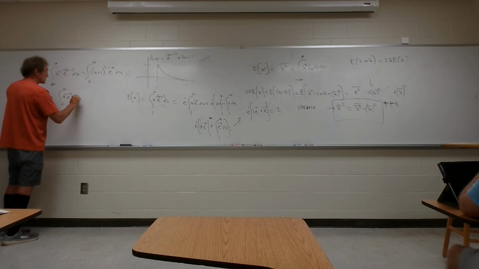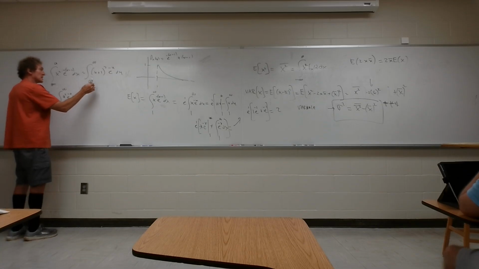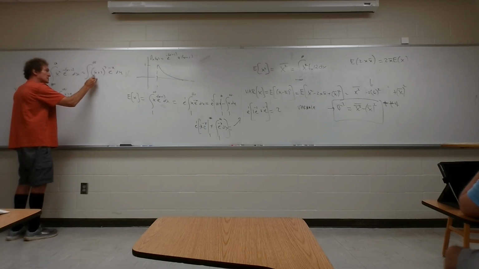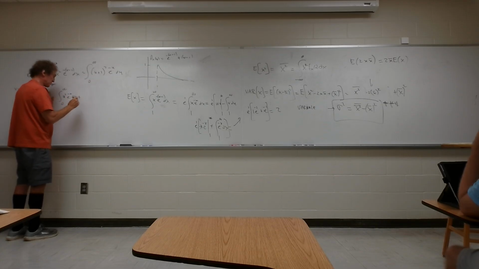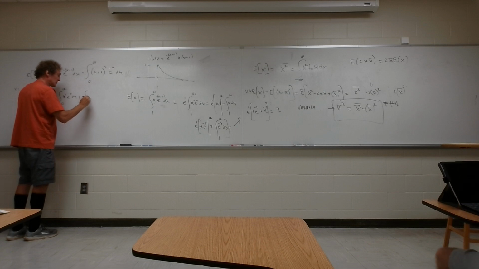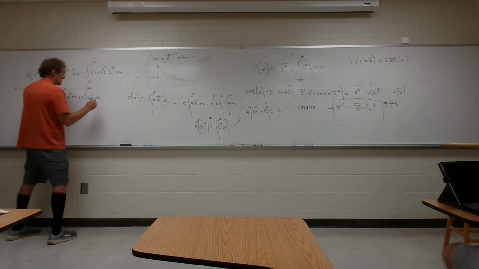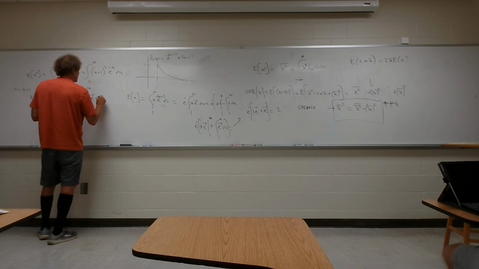Then you're going to have plus 2 times u, because you're going to get that twice, plus 2 times the integral of u times e to the minus u du from 0 to infinity. And finally, you're going to get plus the integral of e to the minus u du from 0 to infinity.